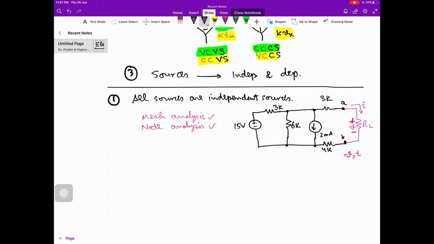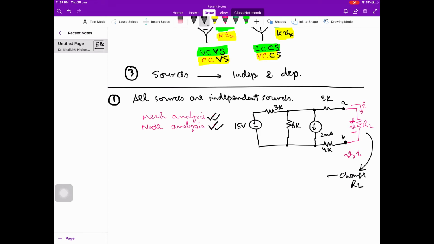The reason is that if we change RL, then we have to perform the analysis again, mesh analysis and node analysis. Change RL again, perform the whole analysis again. There may be a number of meshes and nodes in it.